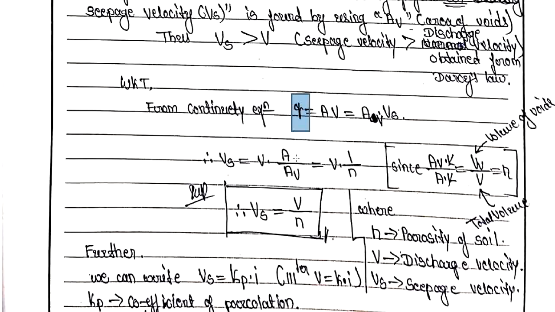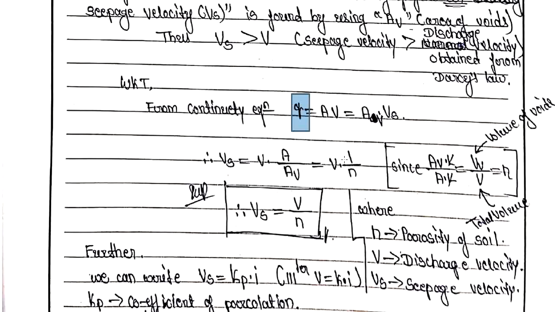So you can see over here, same thing I have mentioned over here. Area of voids into length is going to give us volume of voids. So total area into total length is equal to total volume. So volume of voids divided by total volume is nothing but porosity of the soil. So it is in reverse manner.